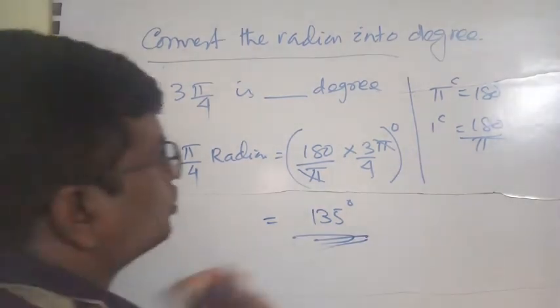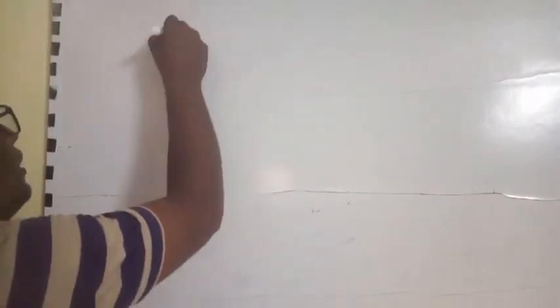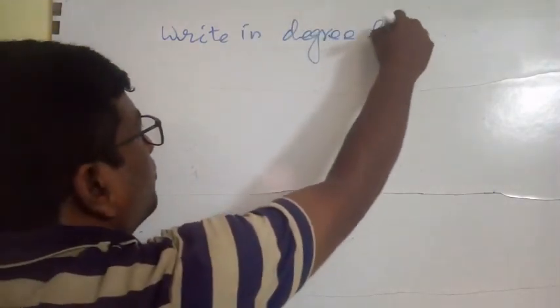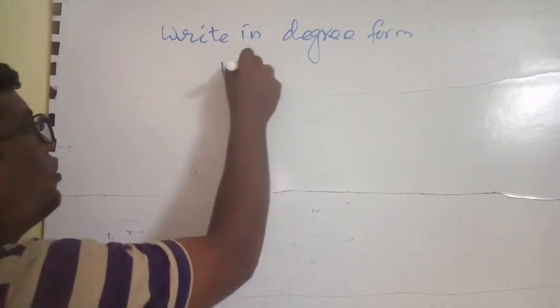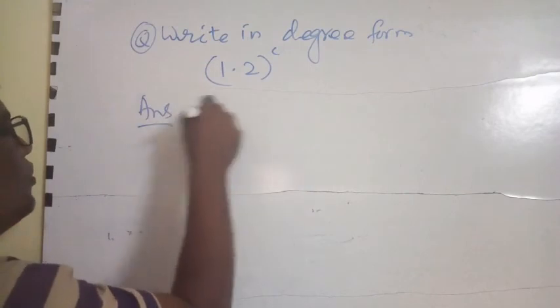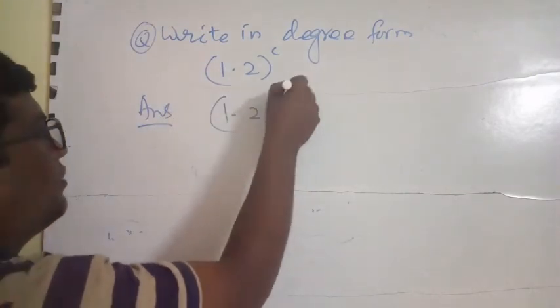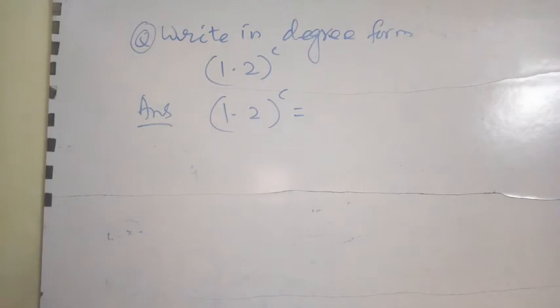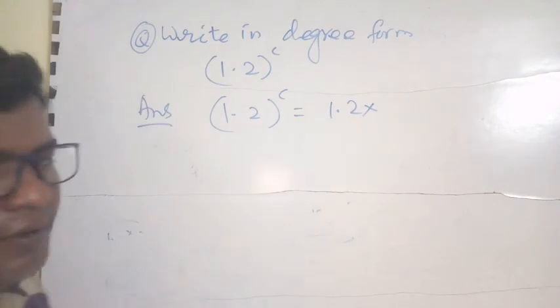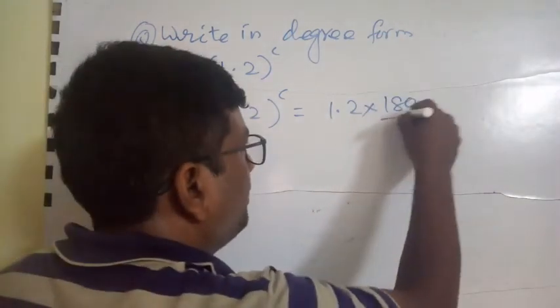Now one more question. 1.2 radian in degree form. Answer: 1.2 radian can be expressed in degree as 1.2 multiplied by 180 by pi.